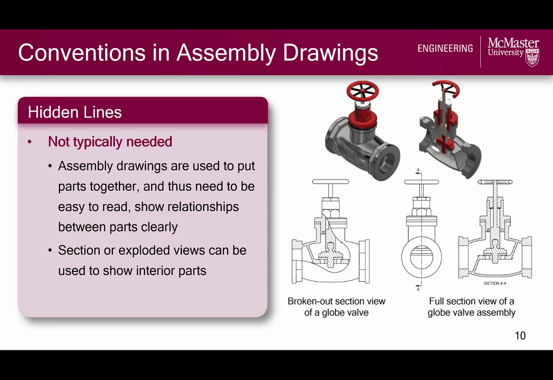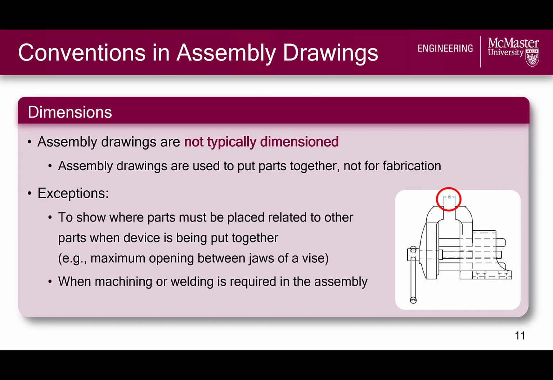Another convention with assembly drawings is that dimensions are not typically included. Remember, part dimensions are provided in detail engineering drawings for fabrication, and assembly drawings are just to show how these parts fit together, so there's no need to redimension part geometry on assembly drawings. There are a couple exceptions to this when it comes to including dimensions that specify how parts should be placed relative to each other.